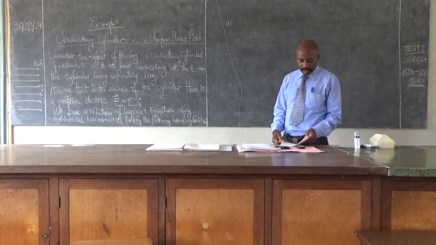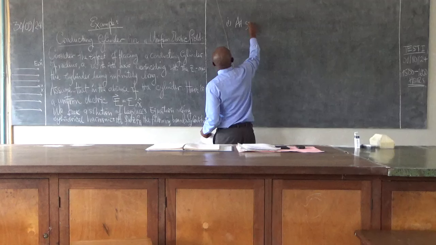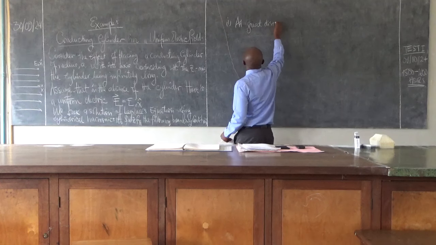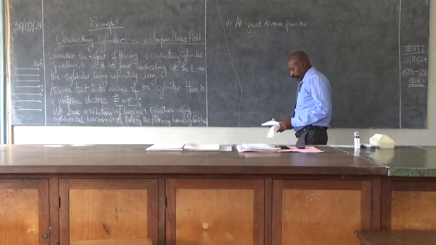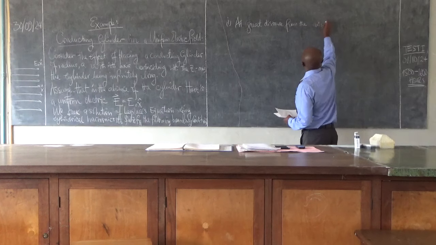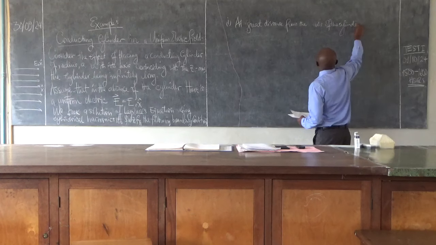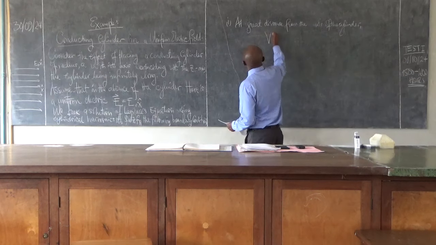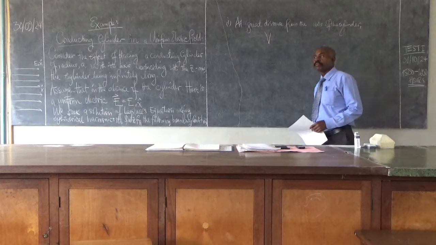So the first is that at great distances from the axis of the cylinder, the potential can be gotten from the electric field density.